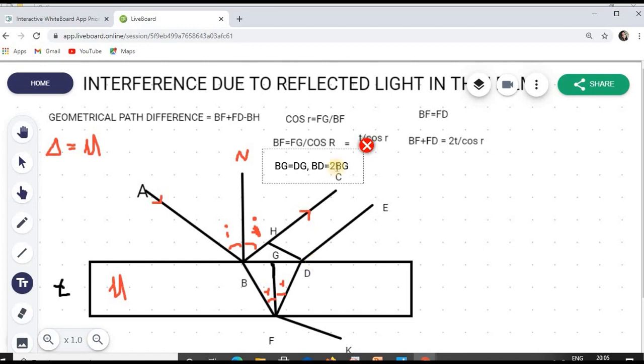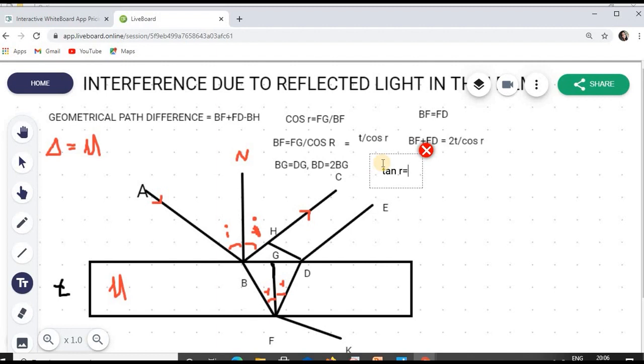And from this triangle, I have to find out tan r in terms of BG and FG.